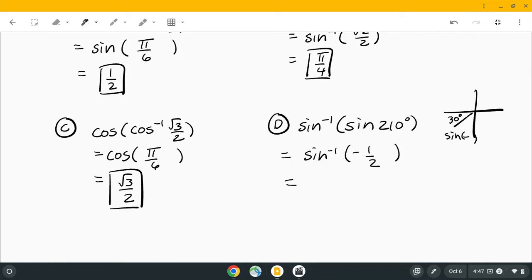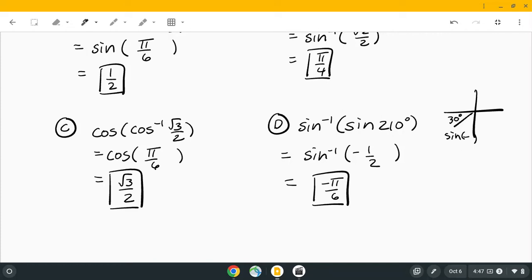So we want to know when is sine negative 1/2, and that would be not at 30 degrees, but negative 30 degrees, so negative pi over 6.